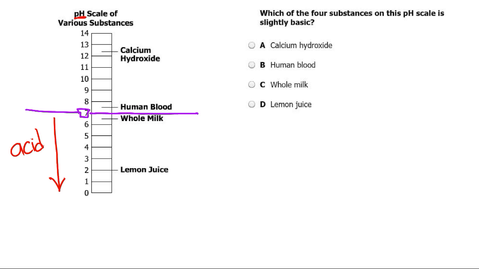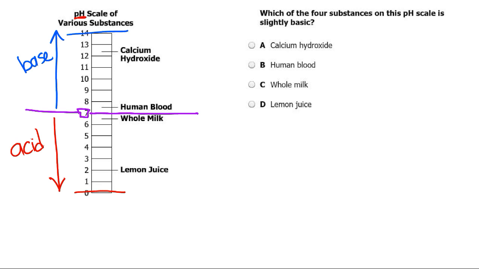Remember that the opposite of pH is pOH, and all the numbers are opposite up to 14. So on the pH scale, acids are below 7, bases are above 7. The closer you are to 0, the more acidic you are. The closer you are to 14, the more basic you are.